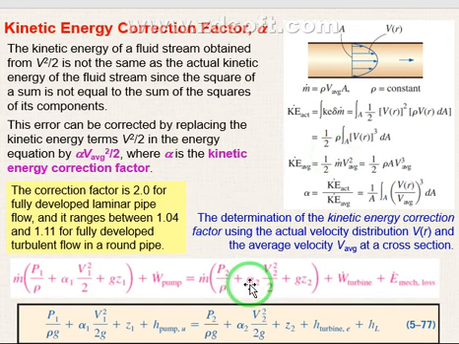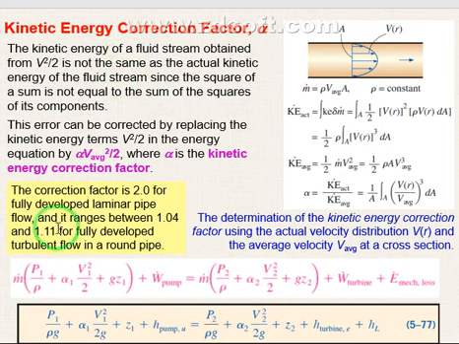That's why we add a new factor, which is called the kinetic energy correction factor, which is necessary to handle different kinds of velocity profile. So we can use it for special cases actually.